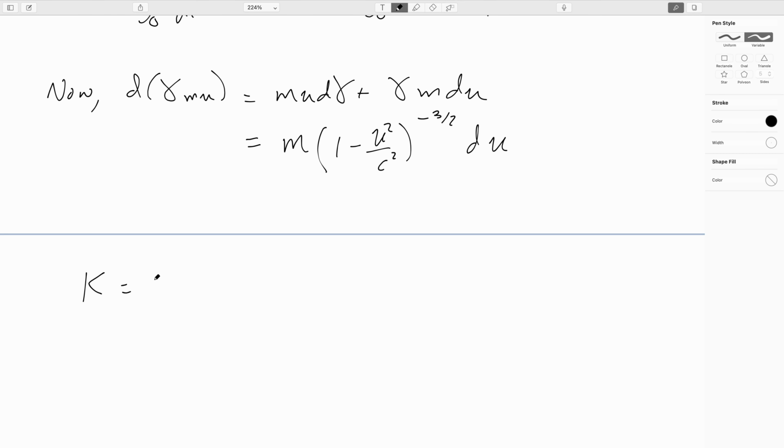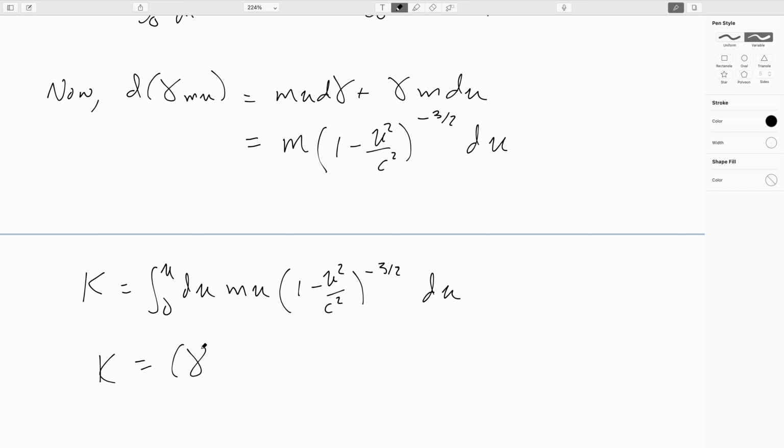integral from 0 to u of u m (1 minus u squared over c squared) to the negative 3/2 du. When you evaluate the integral and clean it up, I will just assert that what you get is that the kinetic energy is (gamma minus 1) m c squared.